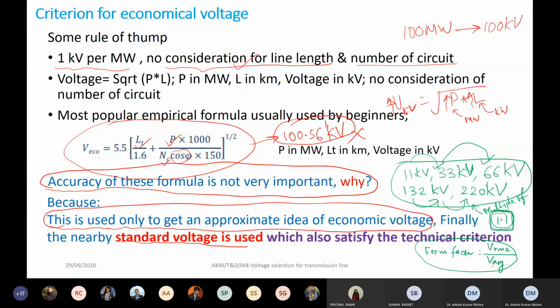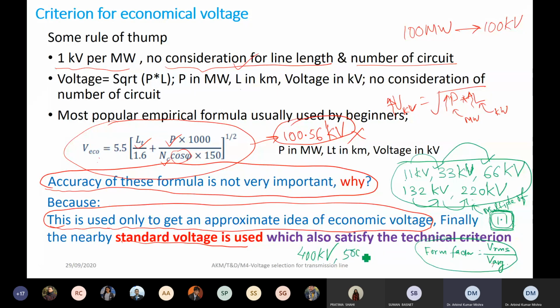Once this was proved a myth, above this voltage level we do not necessarily have multiples of 1.1. For example, 400 kV is a popular voltage, and in our country also, we are constructing some lines in Nepal at 400 kV, which is not a multiple of 1.1. Some countries are now adopting even 500 kV, like Japan, which has a 500 kV line.